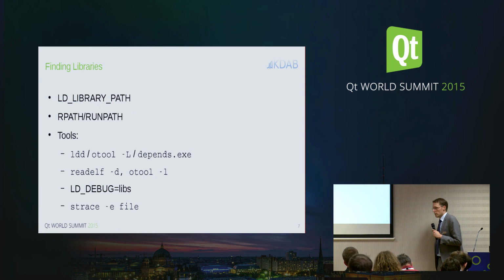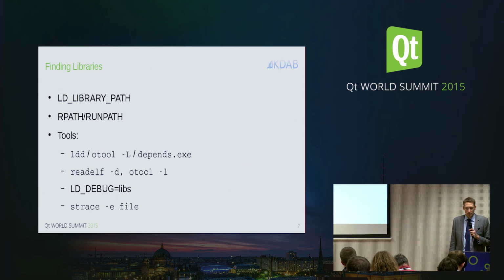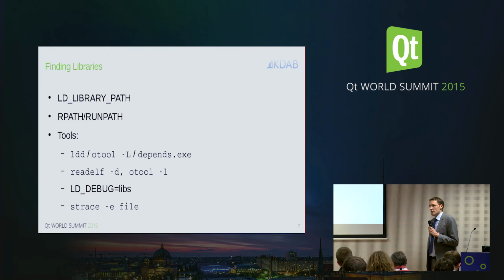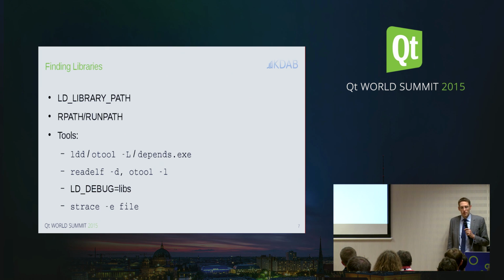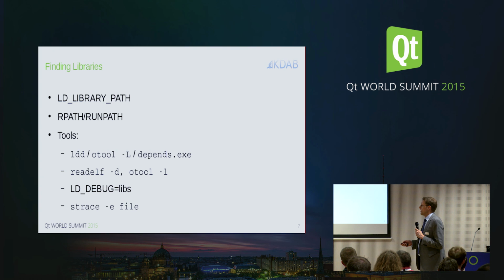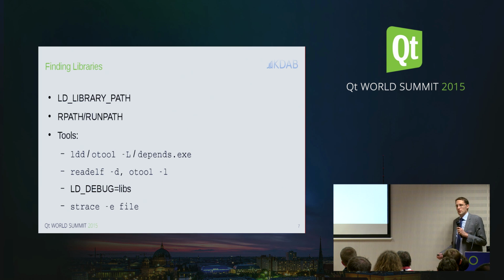And then we have two more options to look at runtime where it's actually looking for libraries. There is the LD_DEBUG environment variable, and with that the runtime linker will print out all the search paths where it's looking.